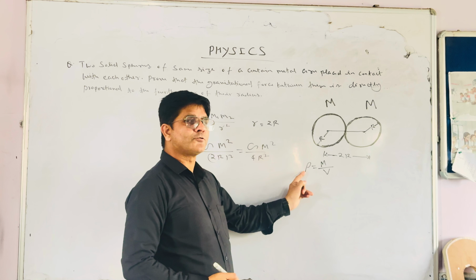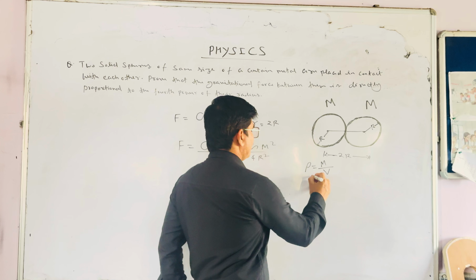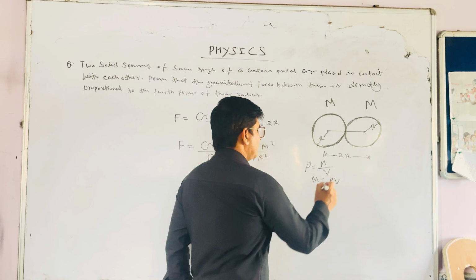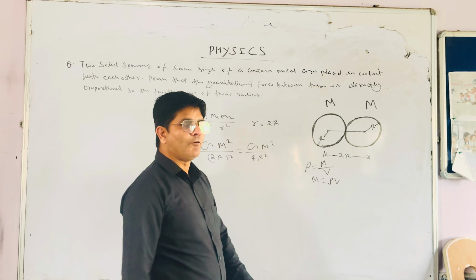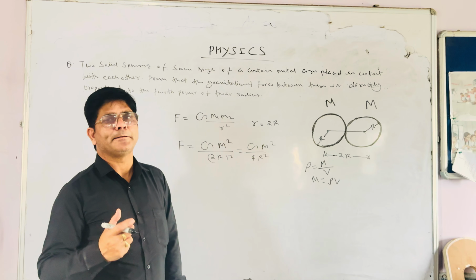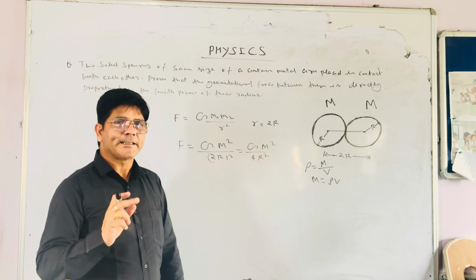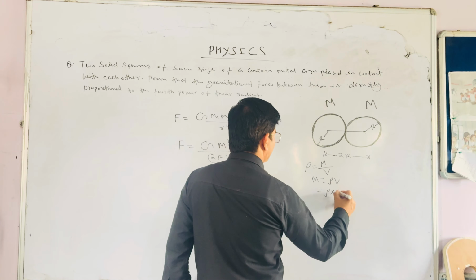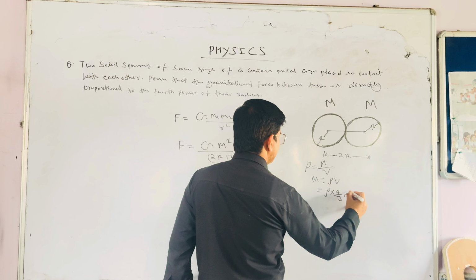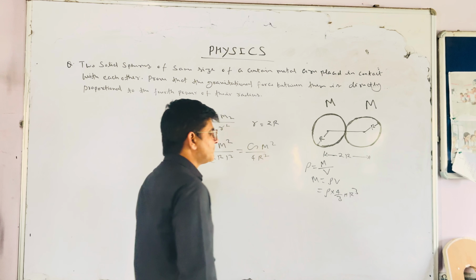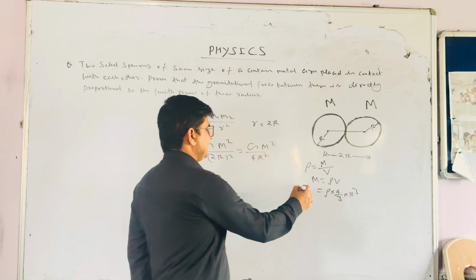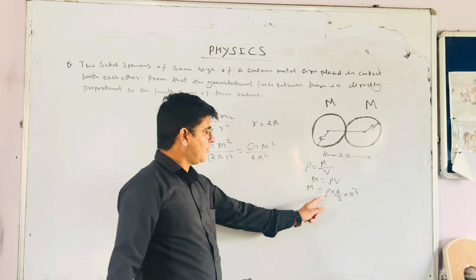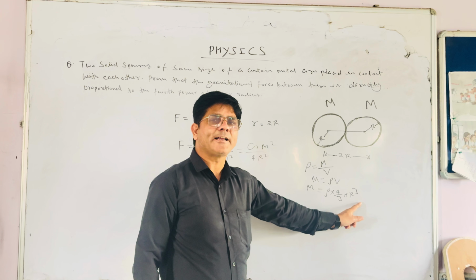So if the density is rho, then the mass equals rho into V, and the volume of any spherical body is given by 4 upon 3 pi r cube. So the mass must equal rho into 4 by 3 pi r cube.